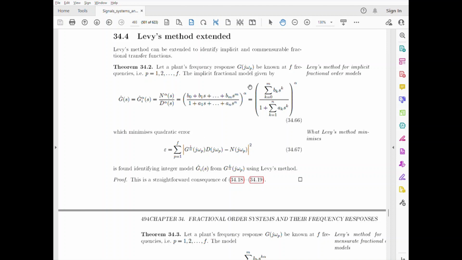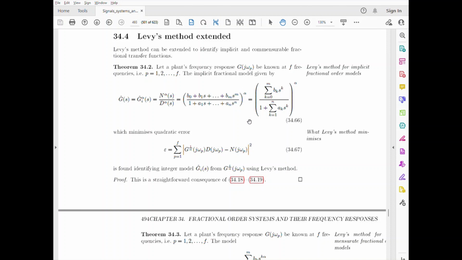If alpha scales this up, we will scale our experimental frequency response down. Then we apply Levy's method and we obtain the integer order transfer function, which is here inside parentheses. All that is left is to raise it to power alpha.